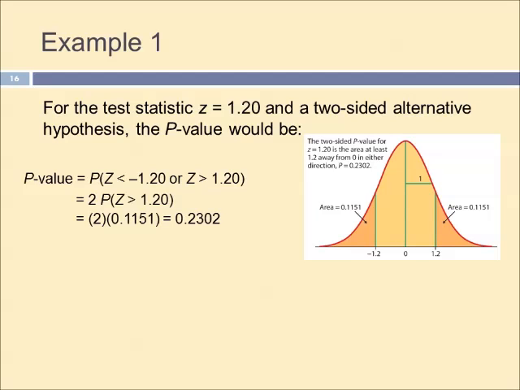So the areas for z equals minus 1.2 and plus 1.2 are the same, both 0.1151. A p-value in a two-sided alternative hypothesis test is twice the probability that z is bigger than either of the values. So 2 times 0.1151, the p-value is 0.23.